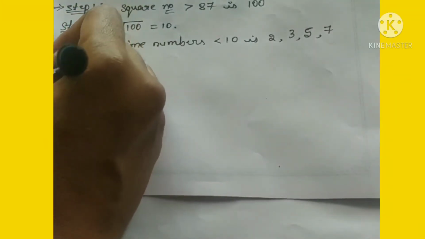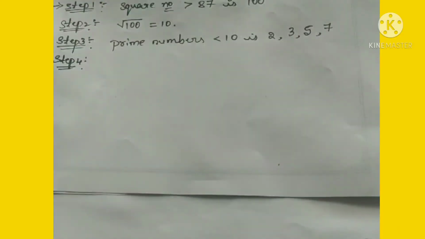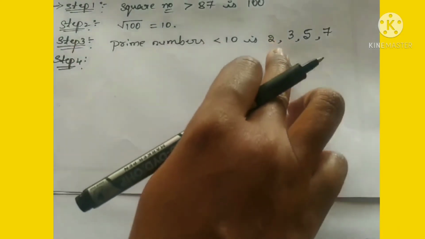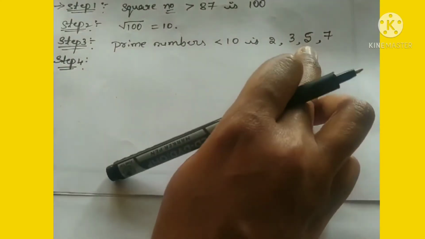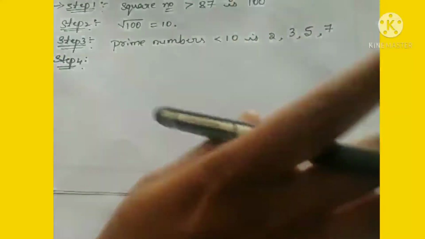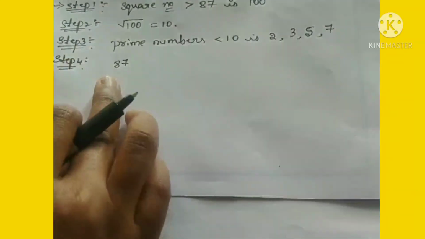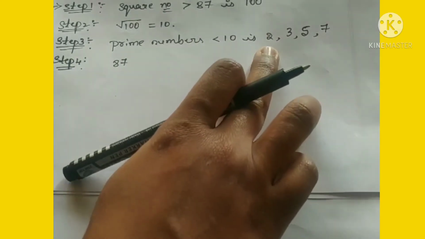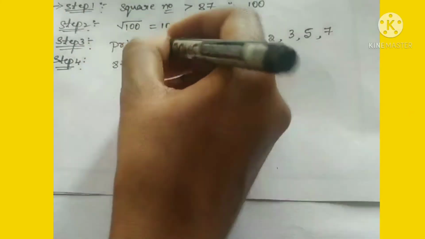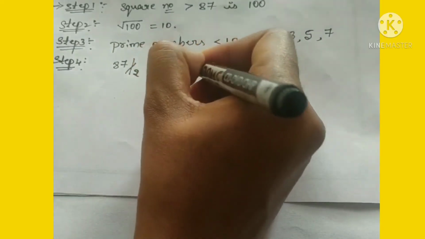Next, step number 4. We have to check whether 2, 3, 5, 7 divide 87 or not. Does 2 divide 87? No, it is not divisible by 2. Then is 87 divisible by 3?